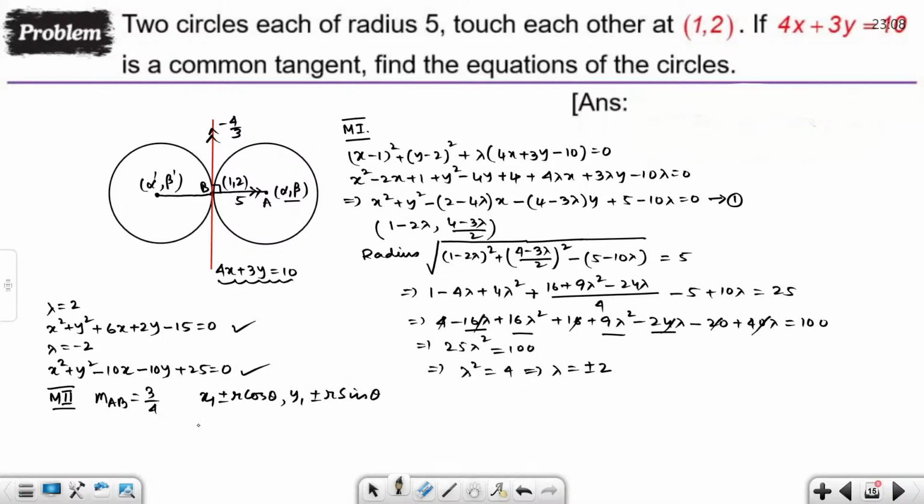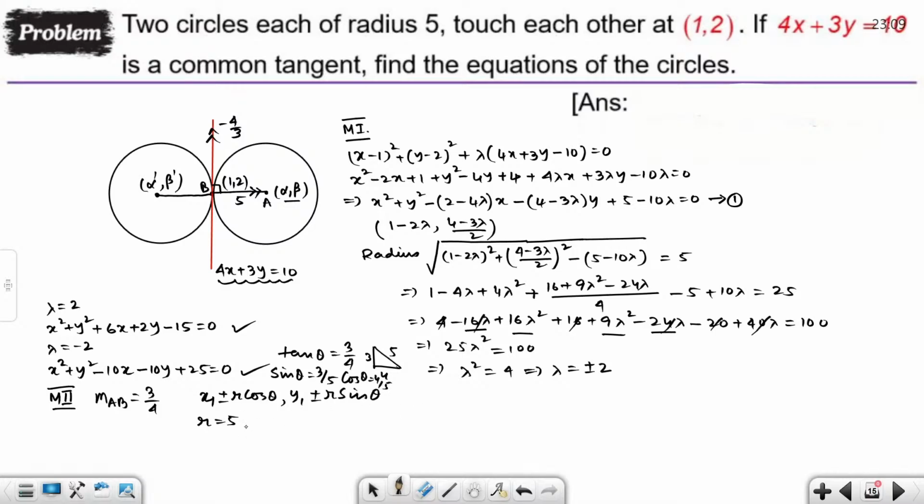Here the radius r is 5 given, and we have been given tan theta is 3 by 4. So if I draw a right angle triangle, this is 3, this is 4, so obviously this will be 5. So my sine theta will be 3 over 5 and cos theta will be 4 over 5, correct?